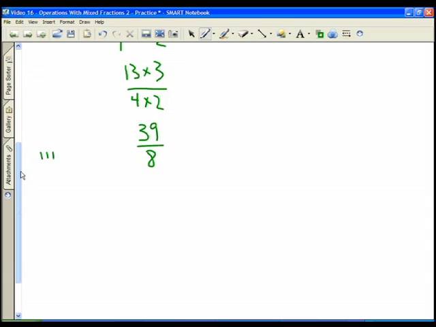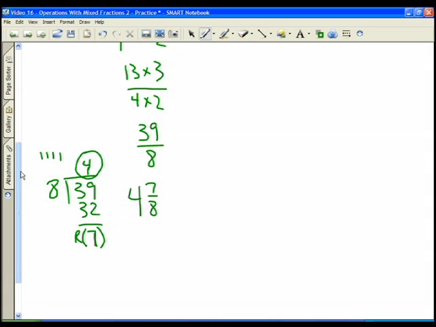So we have 8, 16, 24, 32. So 8 goes into 39 4 times. 4 times 8 is 32, and this leaves us with a remainder of 7. So we get 4 wholes and 7/8. So 4 7/8 is the answer to the second practice problem.